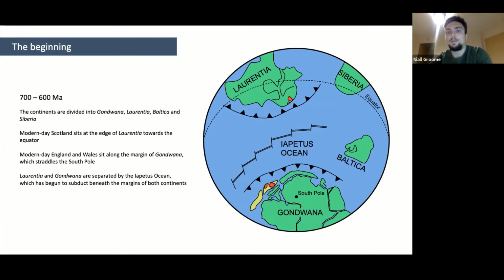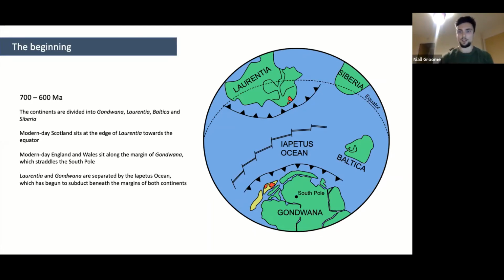We have Laurentia, as I've already mentioned, up near the equator, and you can see this little patch here is Scotland and a little bit of Northern Ireland as well. If there's any Irish people in the audience, I'm not going to talk too much about Ireland, but it essentially goes through the same process where the northern half of Ireland and the southern half of Ireland come together in the same way that Scotland and England and Wales come together.